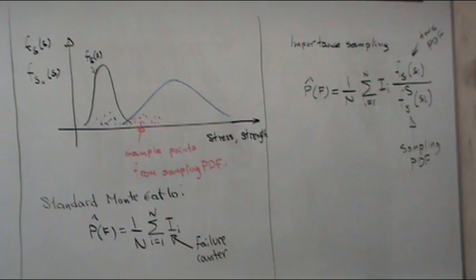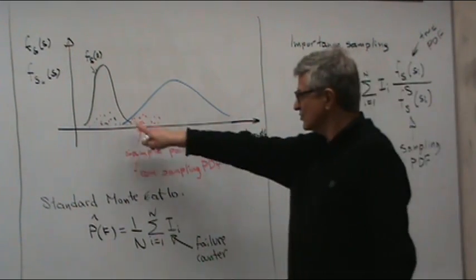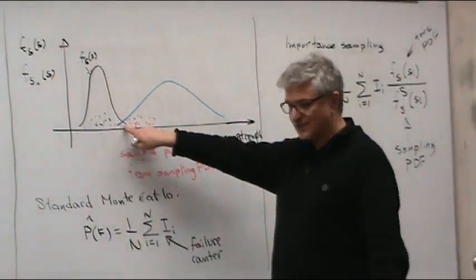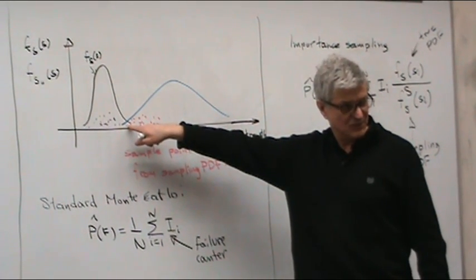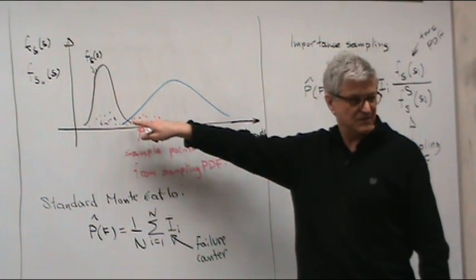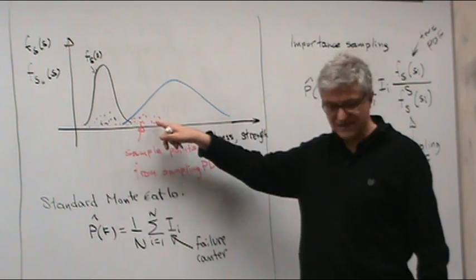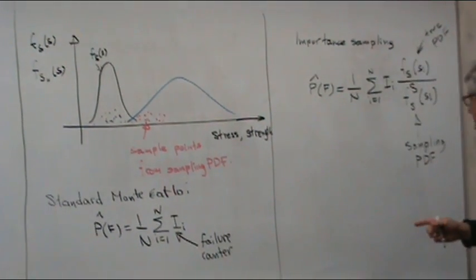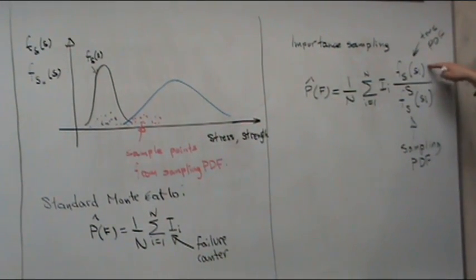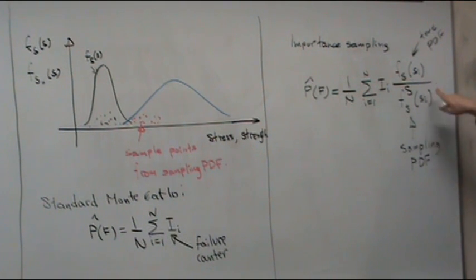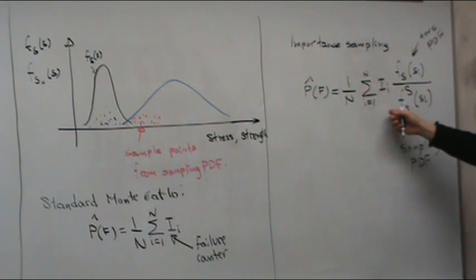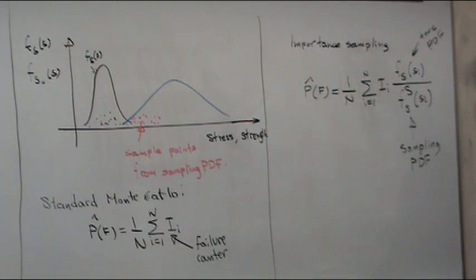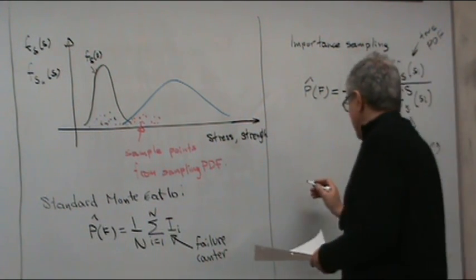And the reason is that all these points, if you calculate the true PDF, they have very, very small PDF. Okay, because they are in the tail. And they are very, very unlikely to occur. So this value is small. So you are dividing a small value by a large value. So that actually makes the estimator unbiased. Okay? This estimator is unbiased.